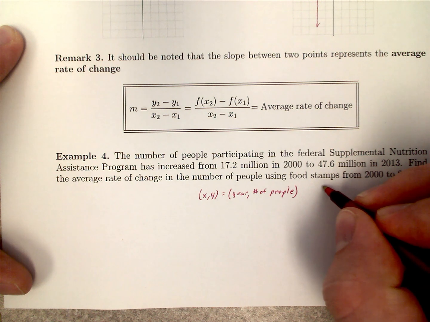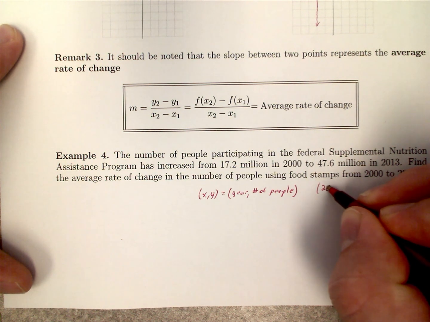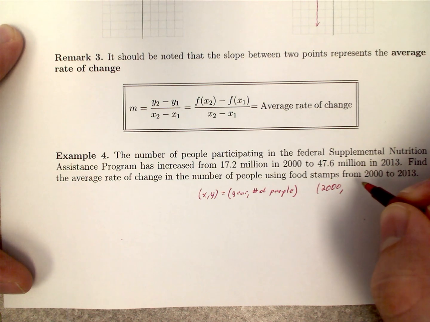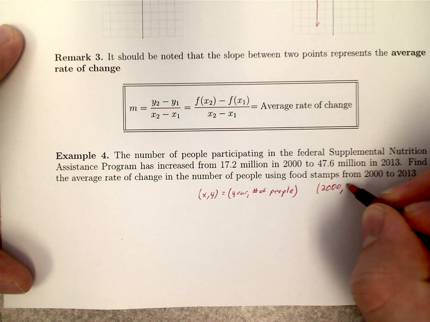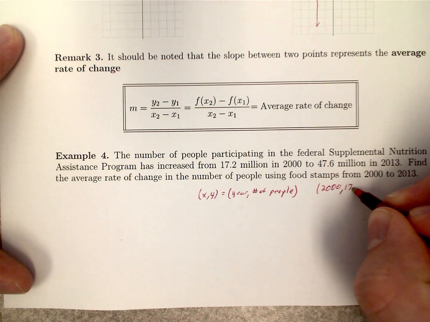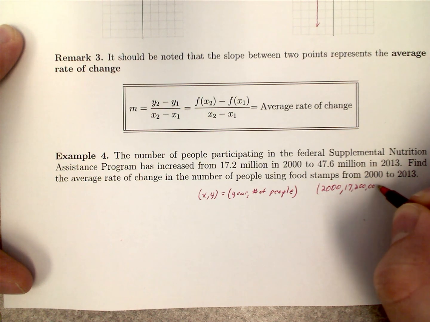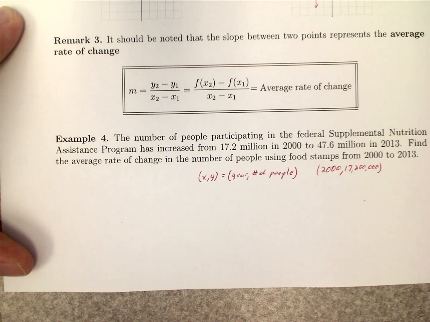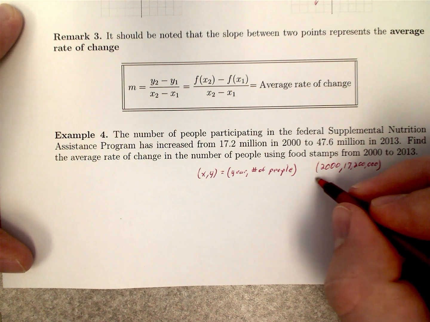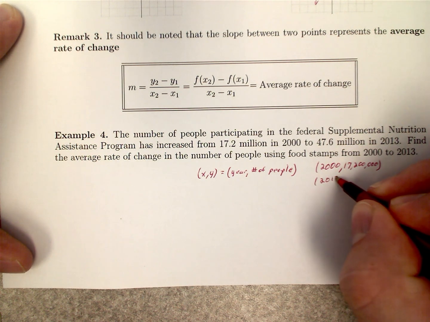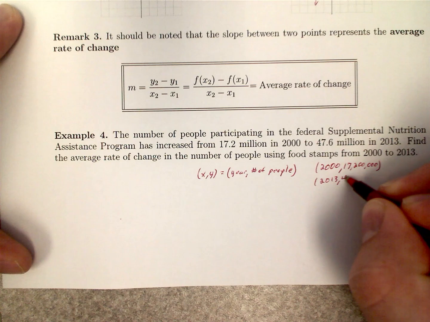In the year 2000, we had 17.2 million. Written out, that looks like this. And in the year 2013, we have 47.6 million.